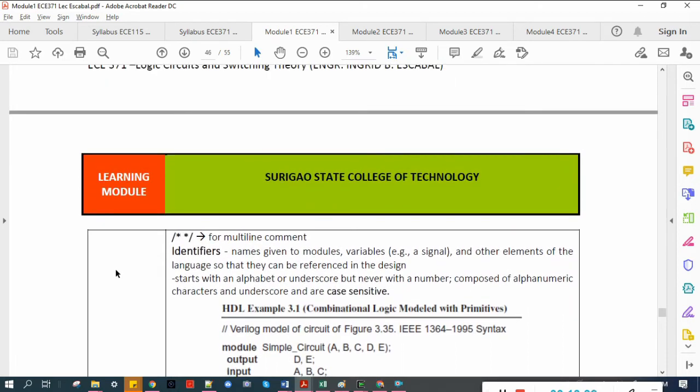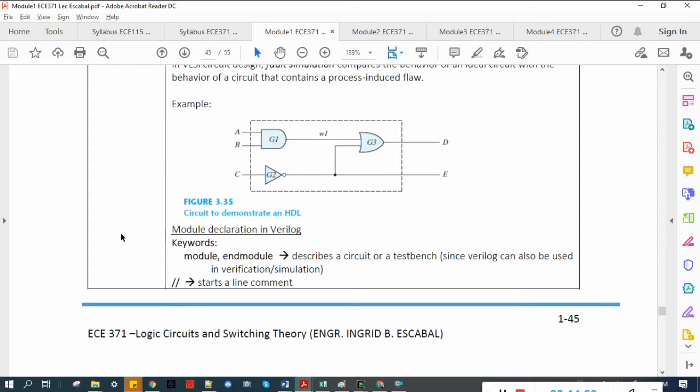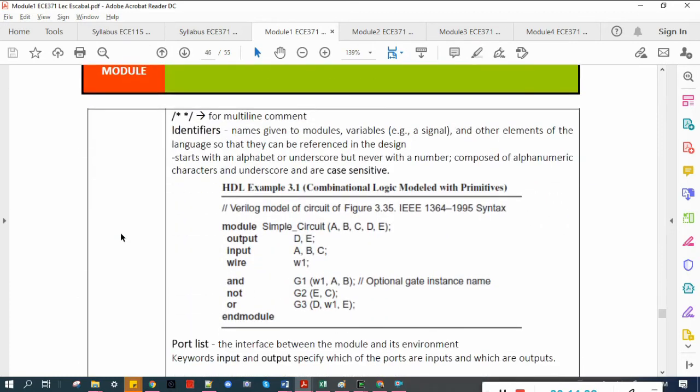After declaring the inputs and the outputs, we have to describe the circuit. From the circuit, we have an AND gate, an OR gate, and then an inverter. We will follow the labeling indicated in the figure. W1 is the AND of A and B. W1 is declared as a wire.